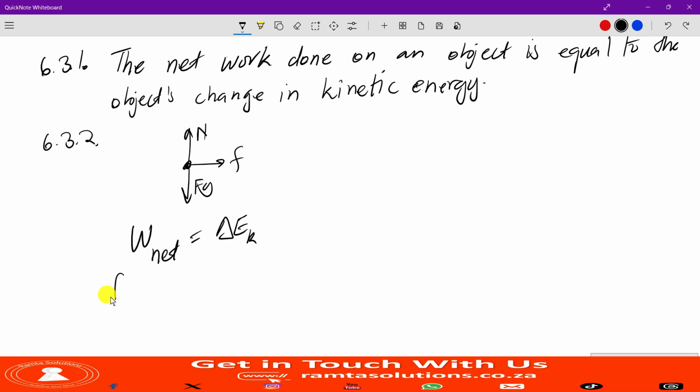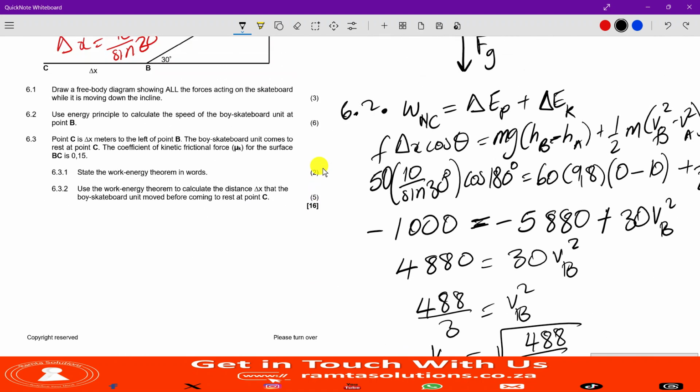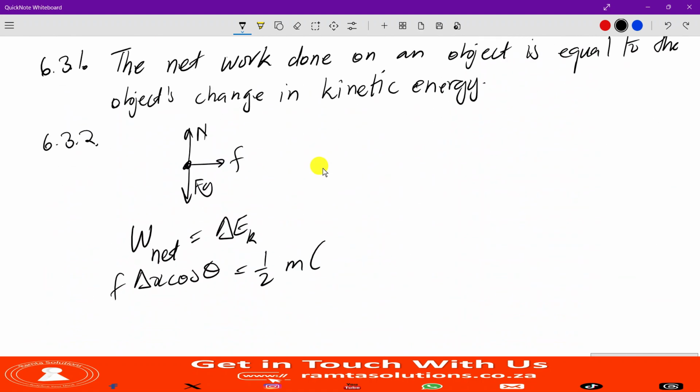What is that? Friction times delta x times cos theta equals half m v sub C squared minus half m v sub B squared. So what is the friction?